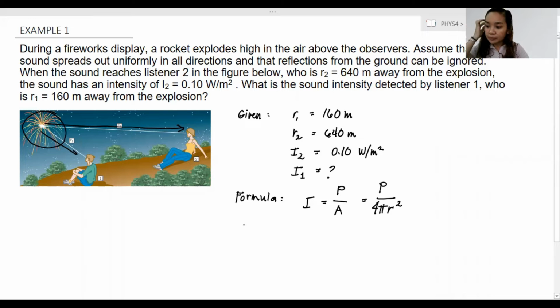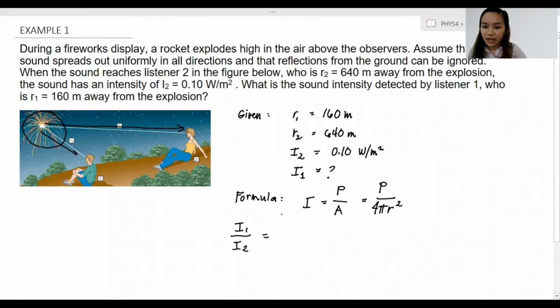For the next step, we are going to write our equation. So we are going to get the ratio of our intensity 1 and intensity 2.